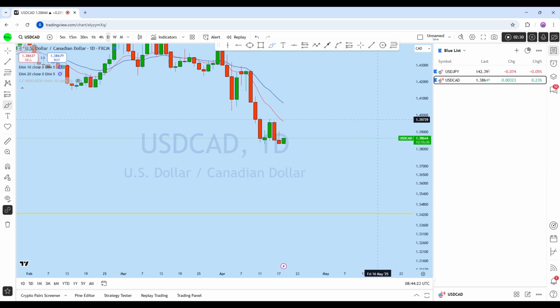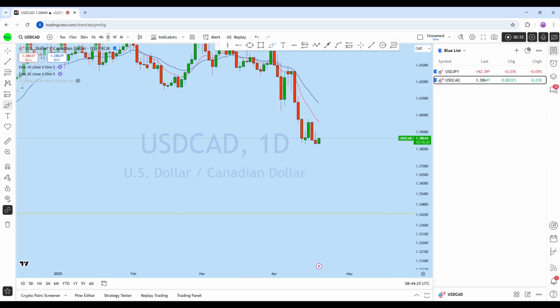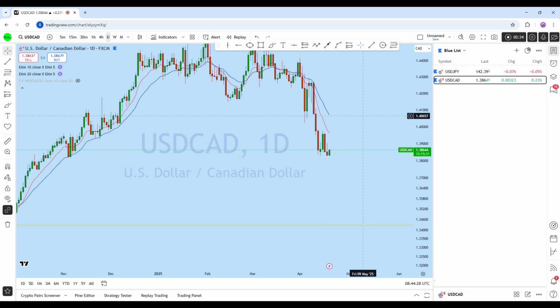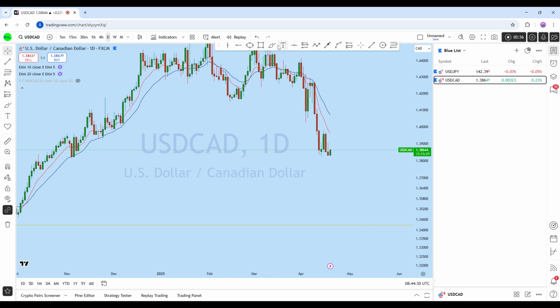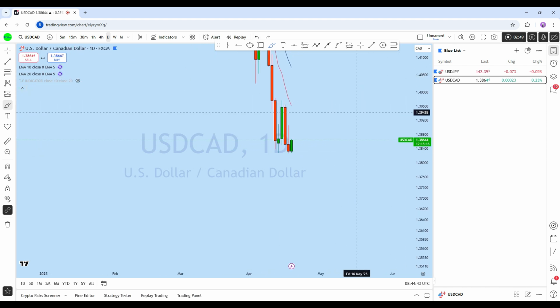Now, if we look at the daily chart here on dollar CAD, we can see that from the daily perspective, here is where there is a daily break of structure, a strong drop here, followed by this narrow pullback, and we can see that there is another break here in the direction of the trend from the daily perspective.